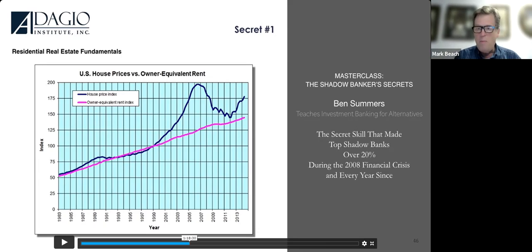So anyway, the point I want to end on in this section is that Ben is saying that if lenders had followed the same kinds of underwriting formulas that he followed, using rents rather than LTVs and a more conservative approach, and recognizing trends like the prices of houses becoming disconnected from the rents, all of that combined, if they'd recognized that and followed what he was doing, there would have been no crisis of 2008.